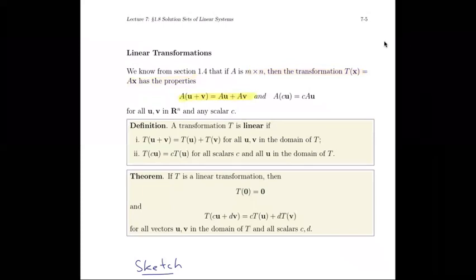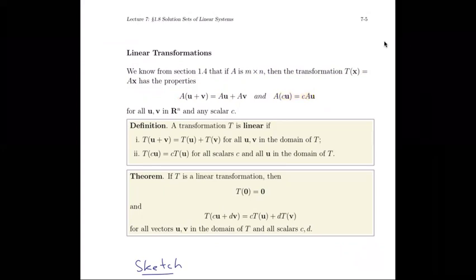Remember that back in section 1.4, when we introduced the matrix operations, A times (U plus V) is equal to AU plus AV. We can distribute the matrix across the sum. And similarly, for scalar products of vectors, A times CU, we can factor the scalar out and write it in this form.